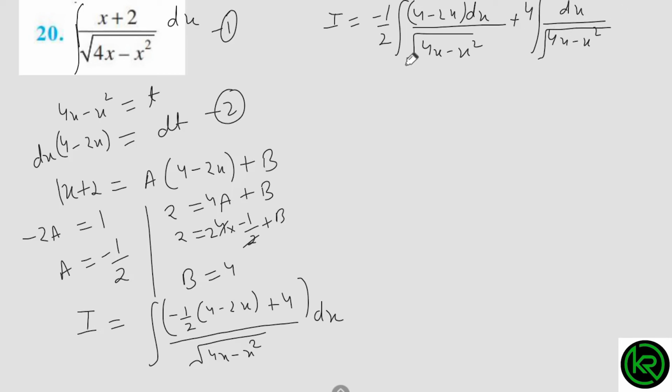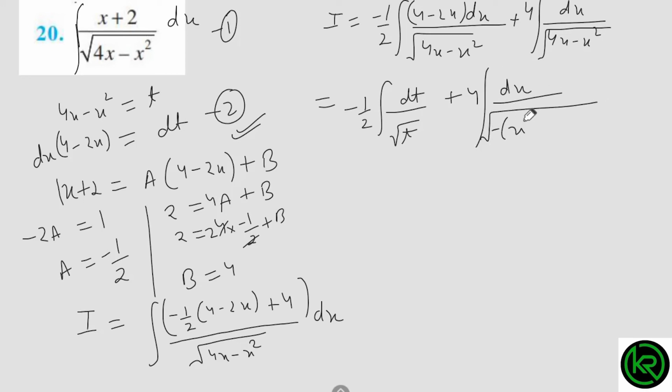Okay students, now what we will do here, we will use our equation 2, this equation. From here 4 minus 2x dx is equal to dt, so minus half dt upon under root t.